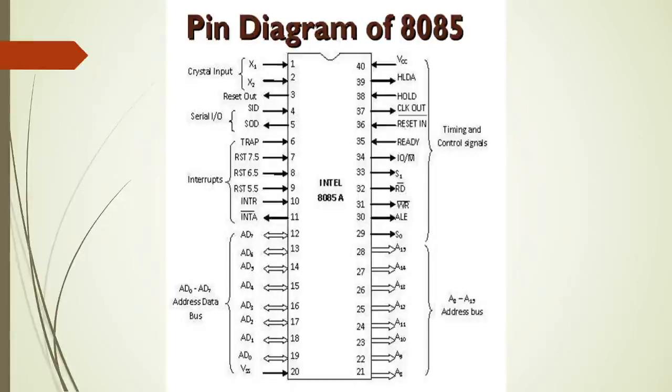But A7 to A0 are not independent, they are dependent on the data. The same lines are used for address and the same lines are used for data. So we can call that bus the address data bus, or the multiplexed address data bus. Then there are some timing and control signals which are very easy to understand. Then there is a unidirectional address bus, that is A15 to A8.